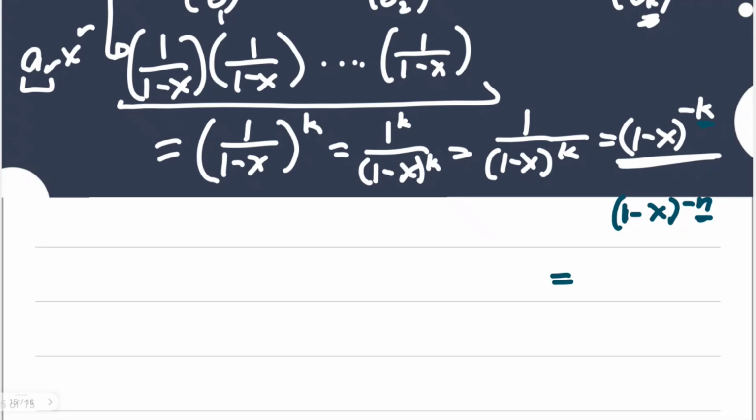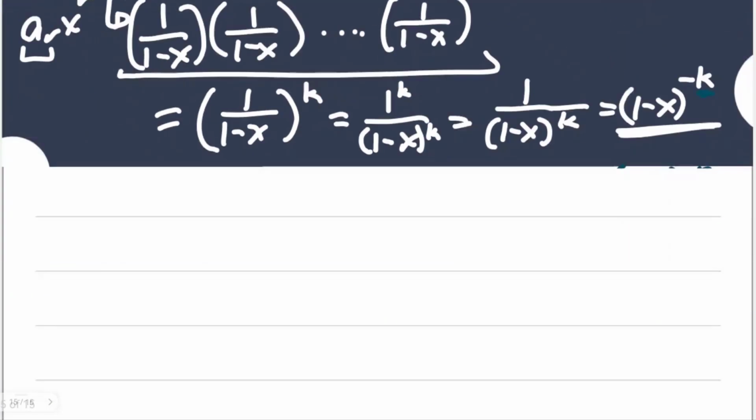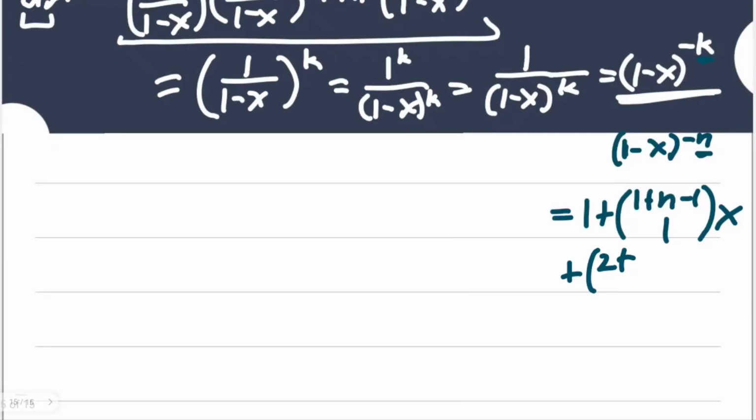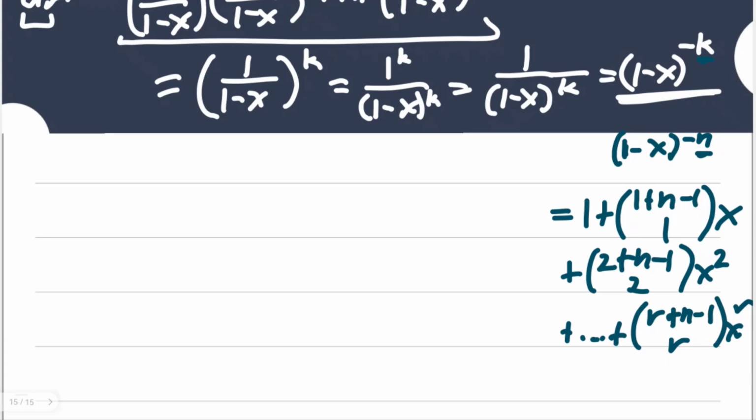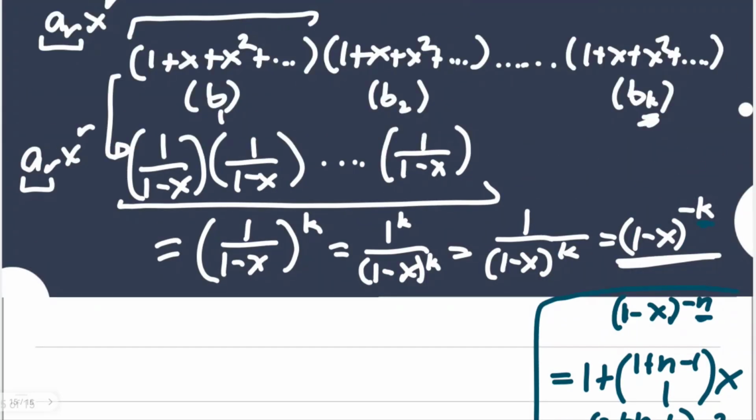This is illustrated as 1 plus, you have here 1 plus n minus 1, combination 1 for our x, plus 2 plus n minus 1, combination 2 for your x squared, until you reach r plus n minus 1, combination r for our x to the power of r. Because if you're going to use this identity, noticeably, x to the power of r is already there. That's the numerical coefficient, the item we're looking for as a generalization for the formula.